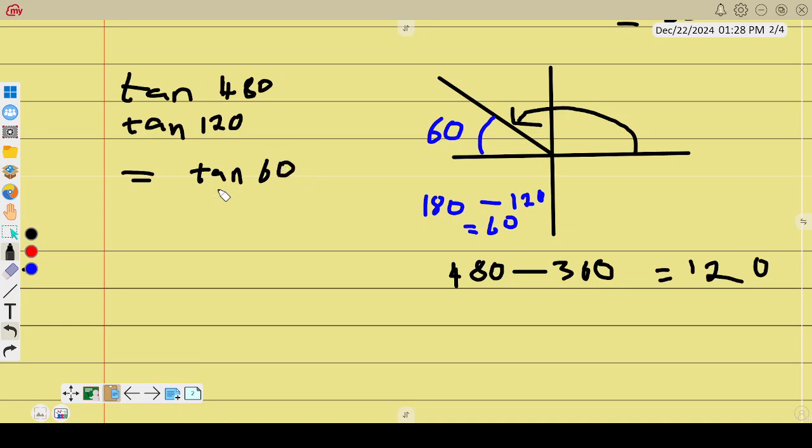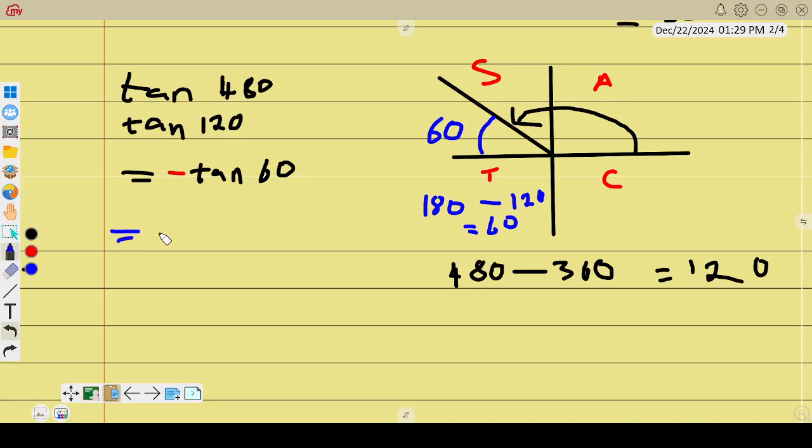And then from here we have to consider the sign. So tan, is it negative or positive? We say all students take chemistry. So in here tan is negative, so negative tan 60. Okay, and then from here we just have to simplify now.